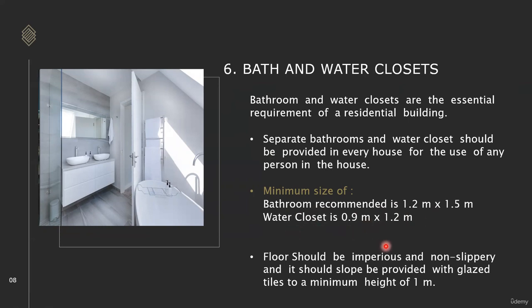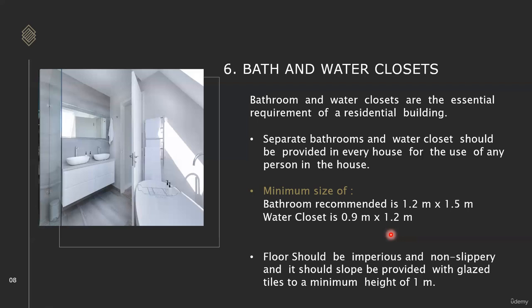And in the bathrooms we are not providing windows, we are providing ventilators, because very little time is spent in the bathroom. So we provide a small ventilator so that whatever smells are there will be exhausted outside. Next, the components used in the bathrooms are water showers, or we can say water mixers, the basin and the WC.